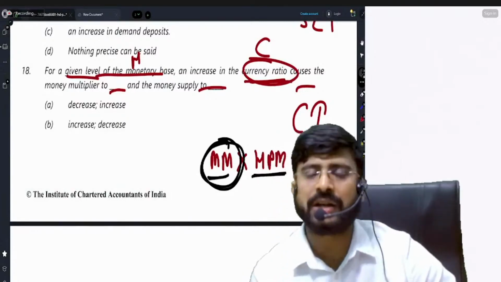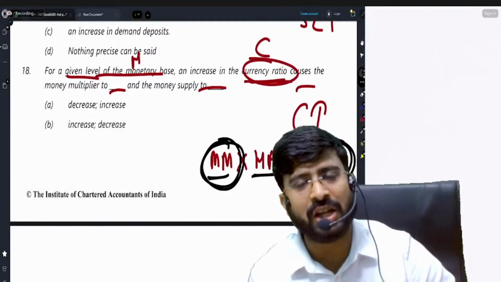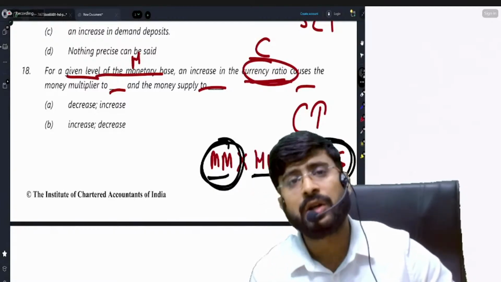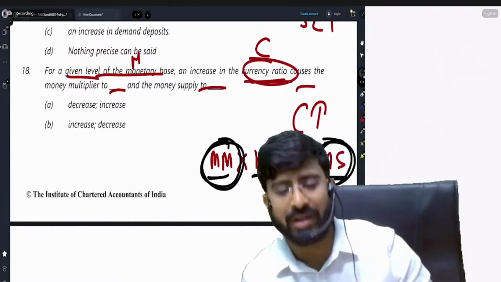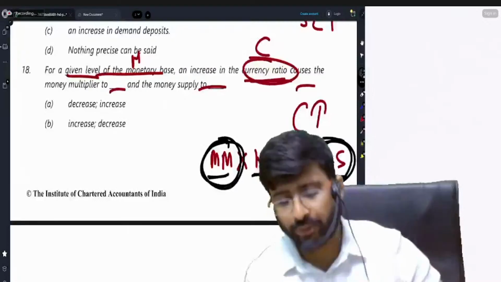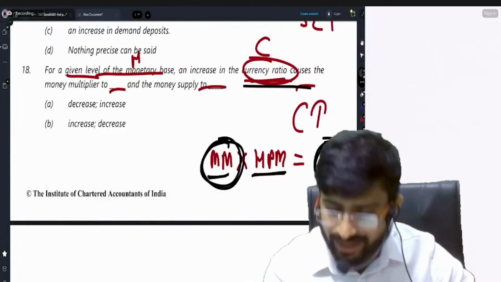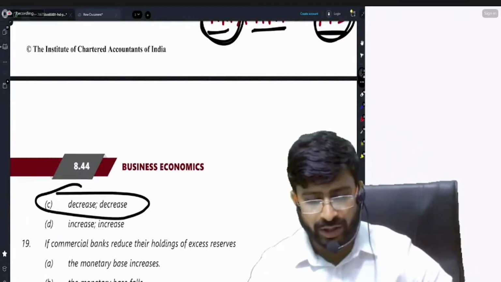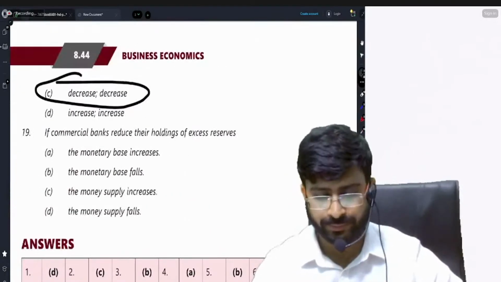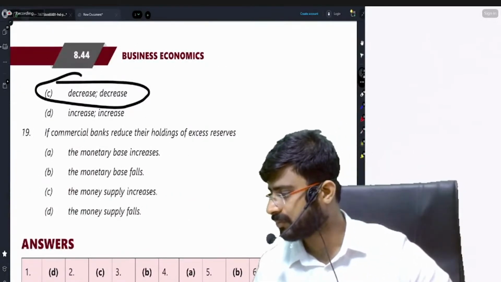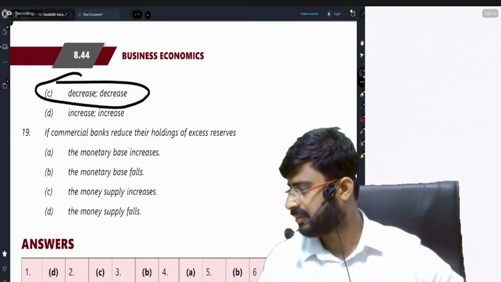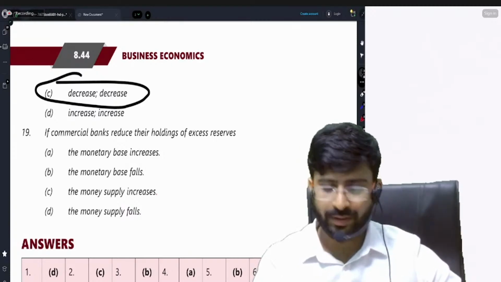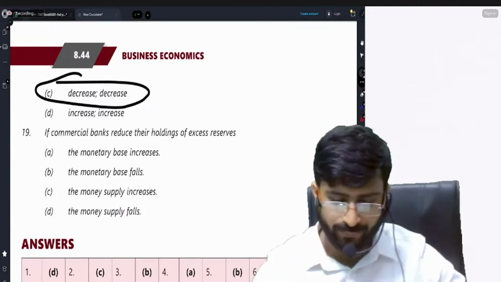Just like money multiplier is negatively related with currency ratio, similarly, money supply is also negatively related. So an increase in currency ratio will decrease both. Is that clear, friends?